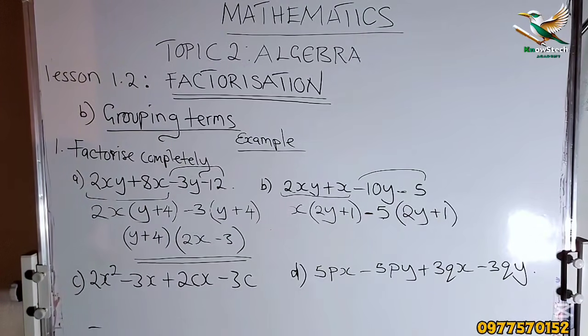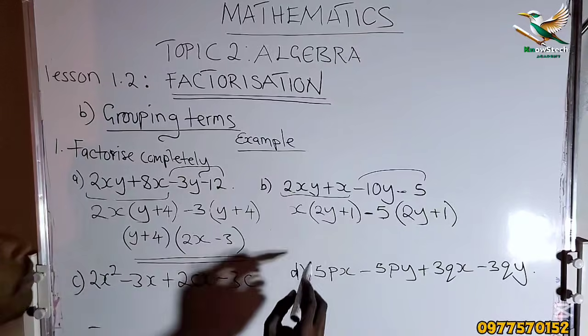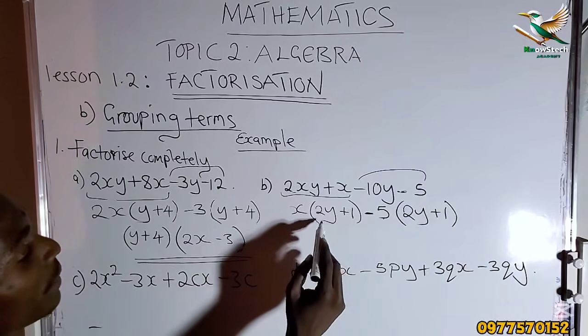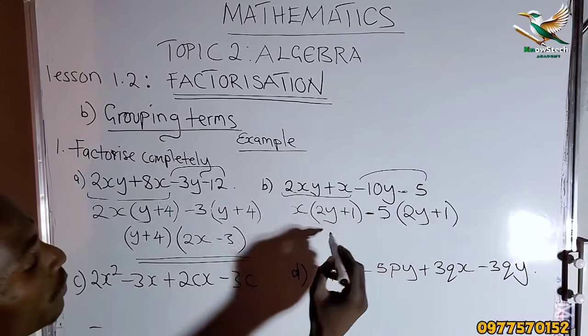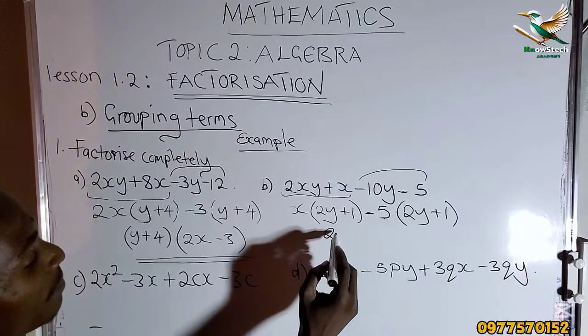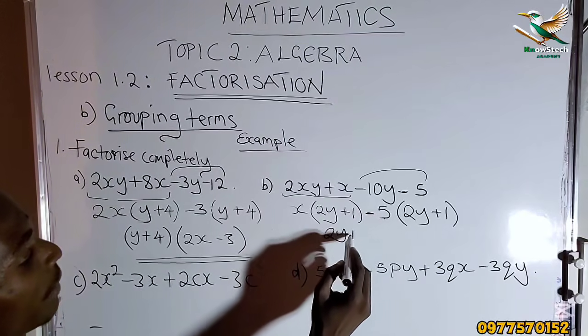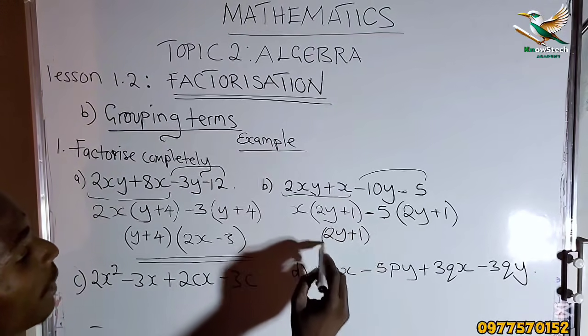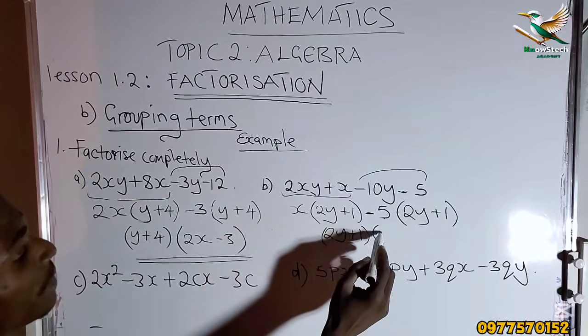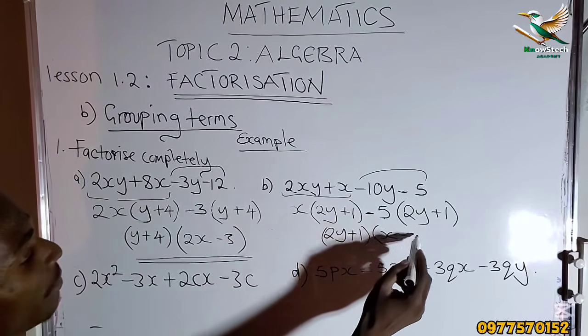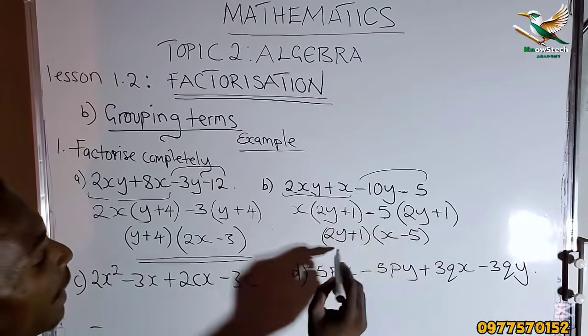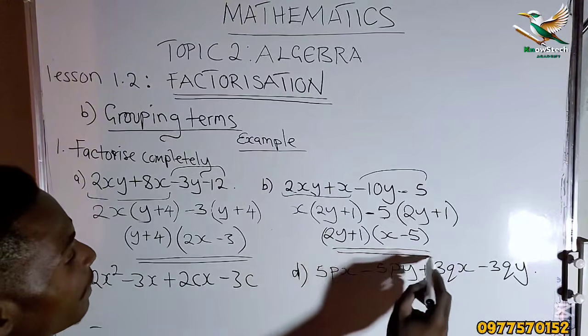Here you can just write one of these 2 expressions that are in the bracket, 2y plus 1. Then here you can write whatever is here, which is x, combine it with this one, minus 5, and this is the answer.